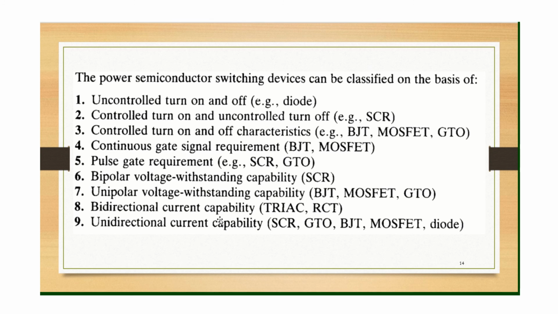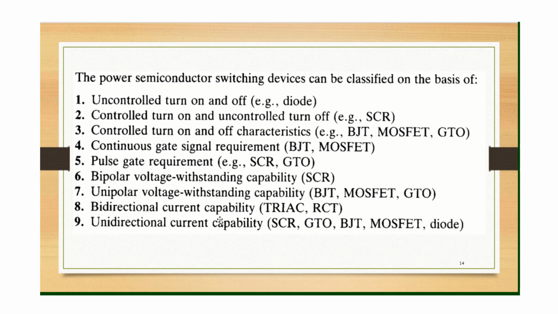So based on the control action, that is how the power semiconductor devices or the switching devices are controlled, whether it is uncontrolled turn on and off or controlled turn off mode, based on that, there are different classifications again. So the diode, we know it is an uncontrolled turn on and off device.